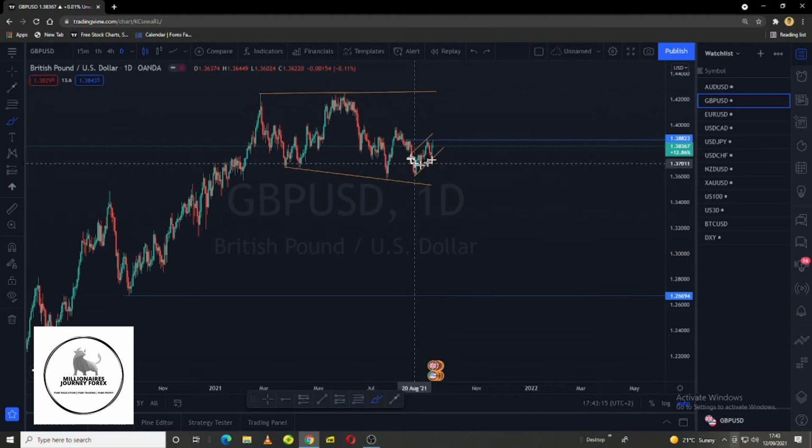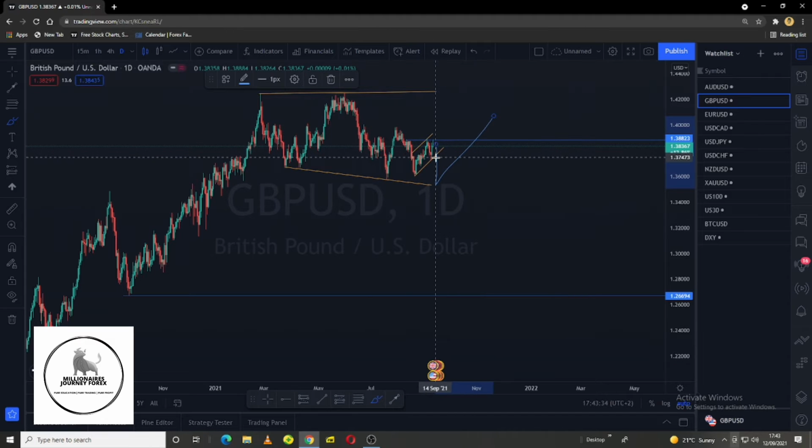So when you have a pattern like this, you wait until it breaks. Now the trick here: price might break this level, come here, form a dead touch, and then push up. That's why you need to be cautious.